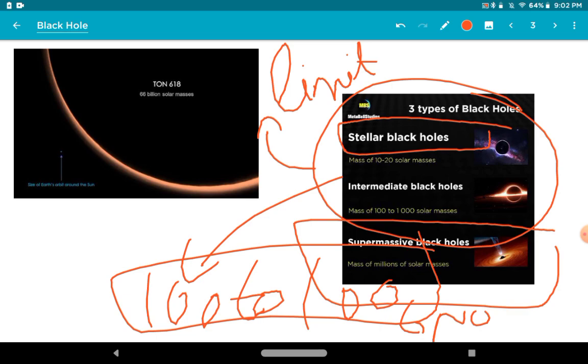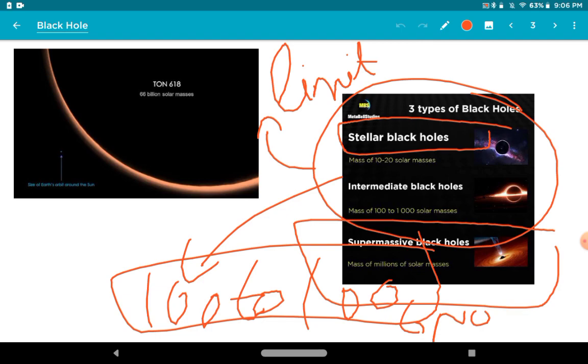So you understand. In the supermassive black holes they have a mass of million solar masses. They have a mass of millions of solar masses, very big black holes.